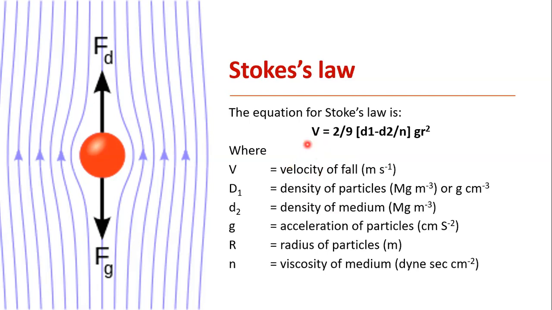This V is the velocity of fall, the rate of fall of the particle in the fluid. Density of particles, of course, is in milligram or megagram or gram per cubic meter. The density of the medium, the fluid which we are using, also has some density.